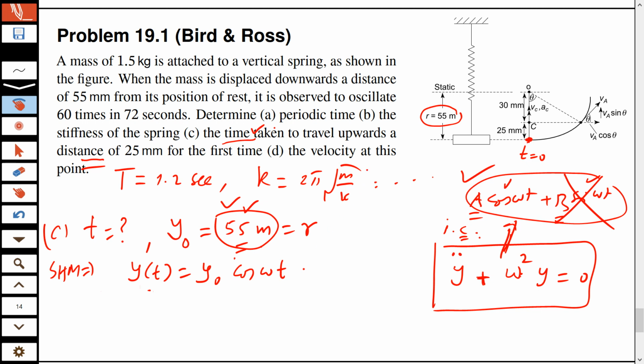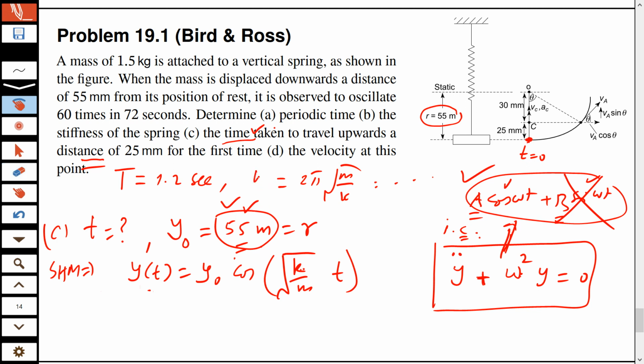Remember, omega I already know. I know omega from here, it is k over m square rooted, and remember, I know k as well as m.